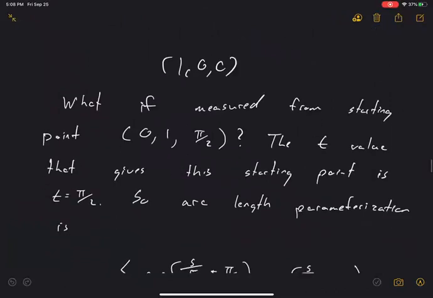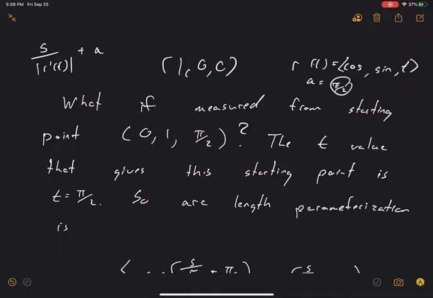Again, it's just this formula: s over the magnitude of r prime of t, plus a. So I ask myself, if I'm using the original function r of t equals cosine t, sine t, t, what value of t gives me this starting point? Well, that would be a equals pi over 2.